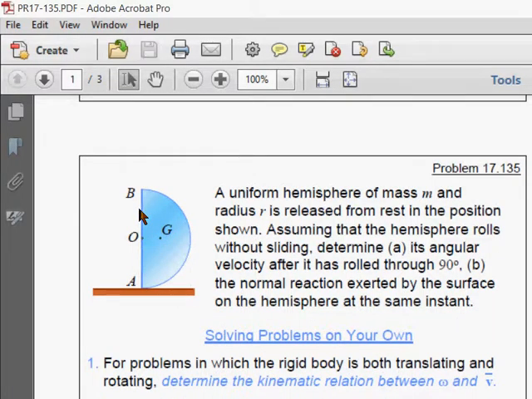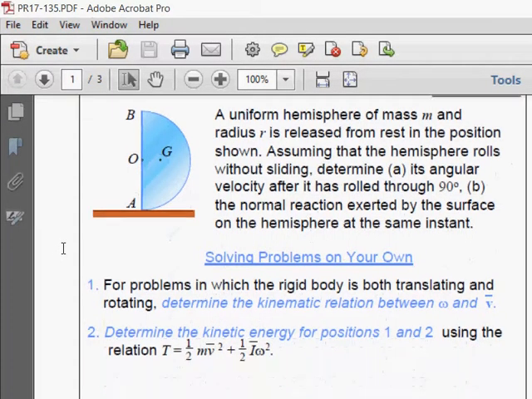Okay. The thing that we need to consider here is to determine the kinematic relation between omega and B. That's easy. Then determine the kinetic energy for positions 1 and 2 using the principle of conservation of energy.